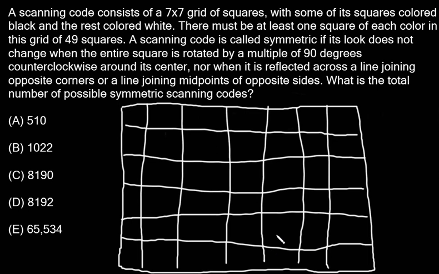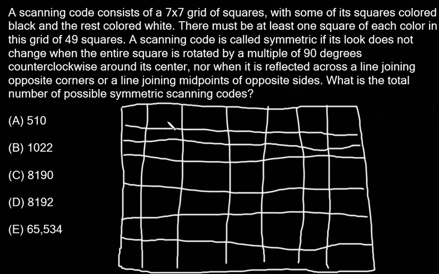So how many is that? 1, 2, 3, 5, 6. And let's draw just another one right here. Squeeze it in. Alright, oh my gosh, this is a very ugly 7 by 7 grid of squares. But let's work with it.